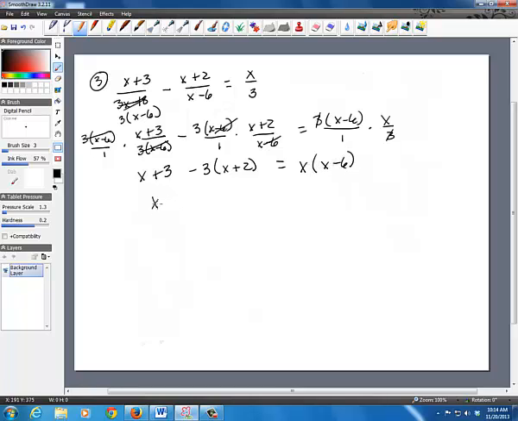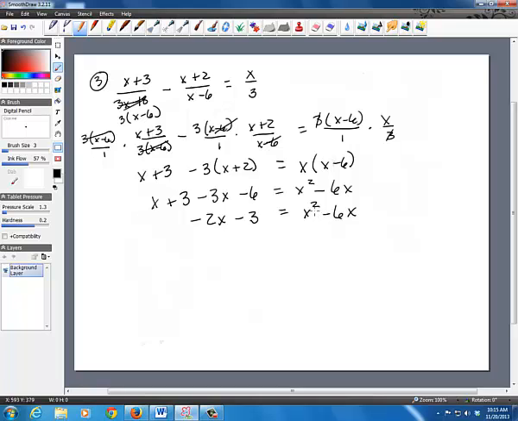So this is x plus 3 minus 3x minus 6 equals x squared minus 6x. X minus 3x is negative 2x, and 3 minus 6 is negative 3 equals x squared minus 6x.